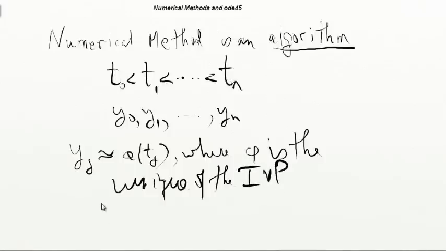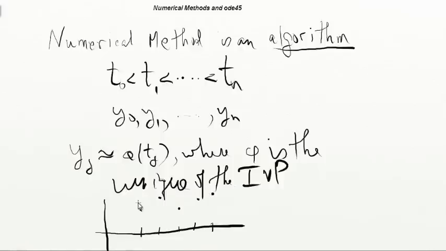So we have something like this. Here are your points t, and then we have corresponding points y. And those points approximate points on the solution curve.